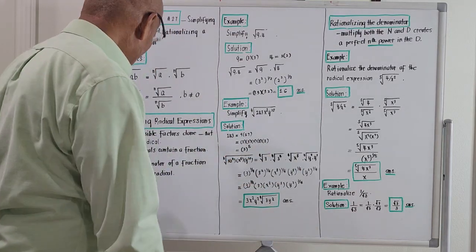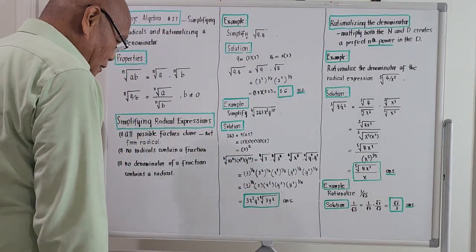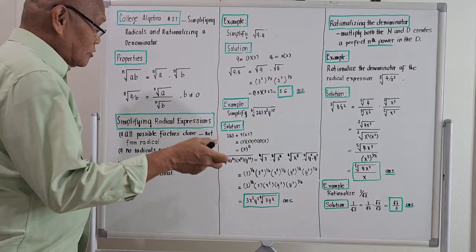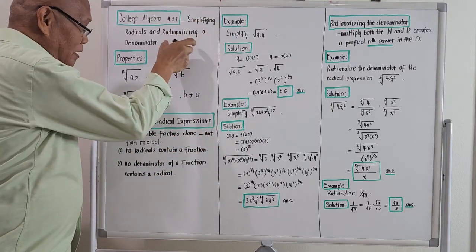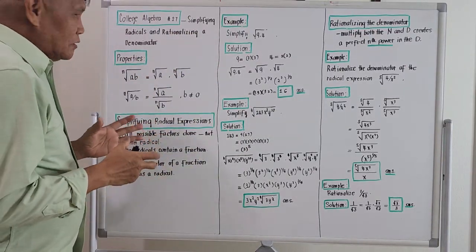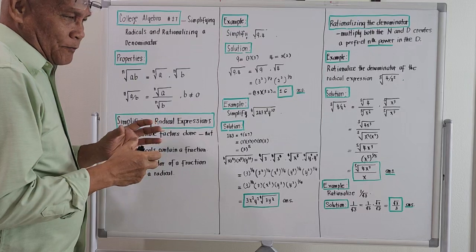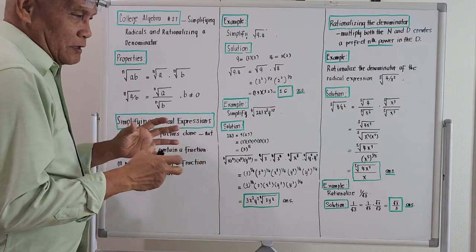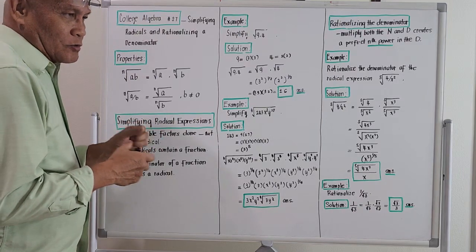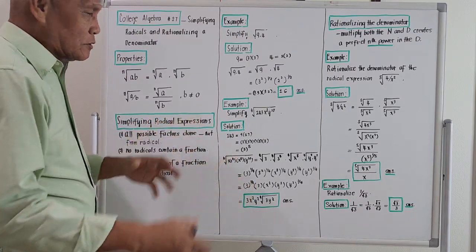There are certain properties which we must memorize under the so-called simplification and rationalizing. There are only two. It is the product of a radicand, and the other one is the so-called quotient of a radical expression.